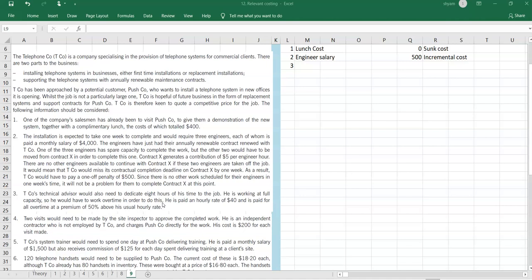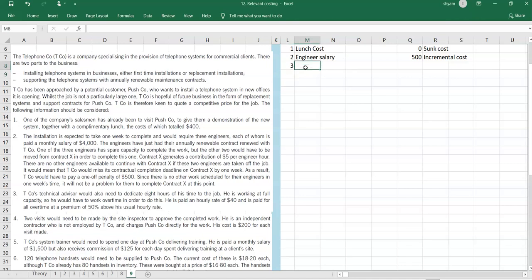He is a full-time salaried employee, so we should not consider that, because either way he will work for us. But to work on this order he has to work overtime. He is paid an hourly rate of 40 and is paid for all overtime at 50% above his usual rate.